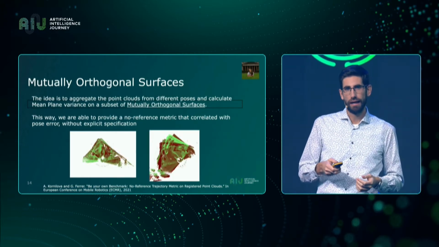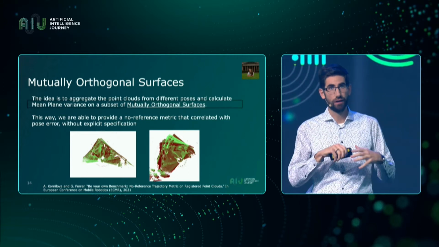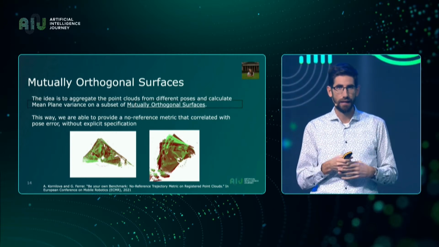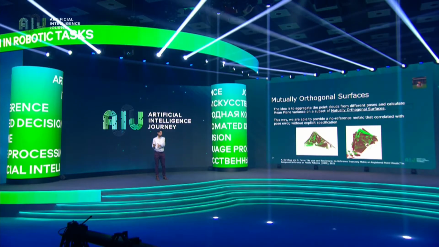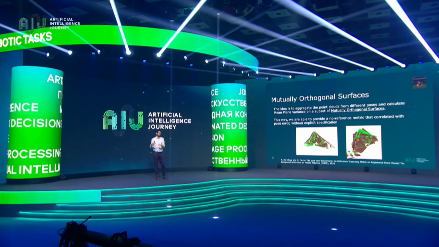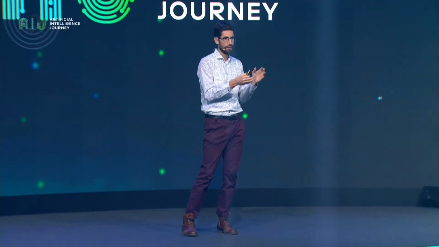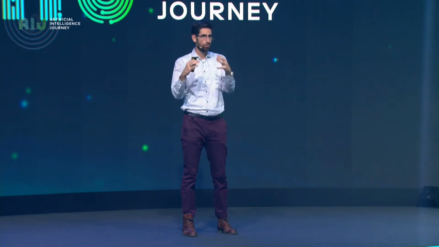Okay, very briefly, I'm going to introduce the idea behind it. We can aggregate all the information and then look at the consistency of the map. If we do this, usually this gives you a measure, and this measure doesn't mean that it's going to be correlated with the error in the trajectory. So what we are looking for here is a metric that relates how good this map looks with how much error we are making as this trajectory is estimated, right?